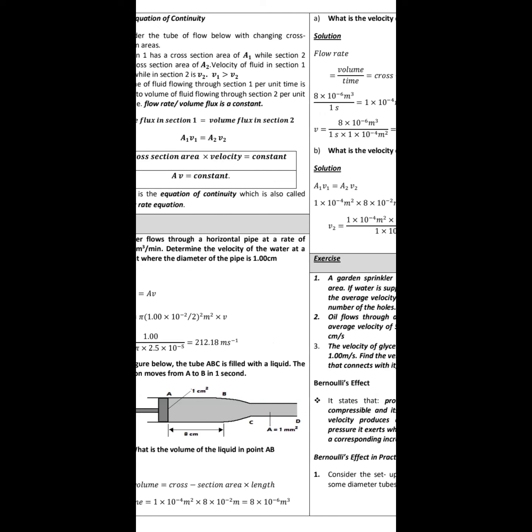But the millimeter is smaller than the centimeter, meaning we have a negative. When we write it in standard form, it will be 1 multiplied by 10 raised to power negative 2. That will be centimeter squared. Centimeter squared, we change it to meter squared times 10 raised to power negative 4.